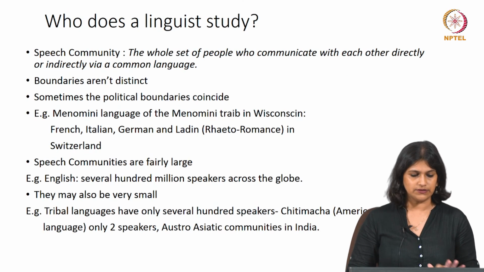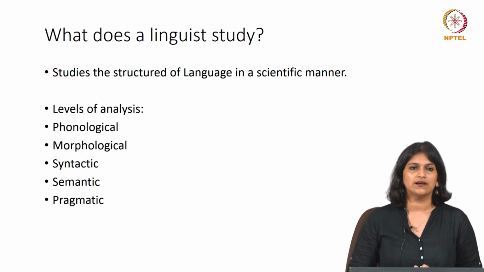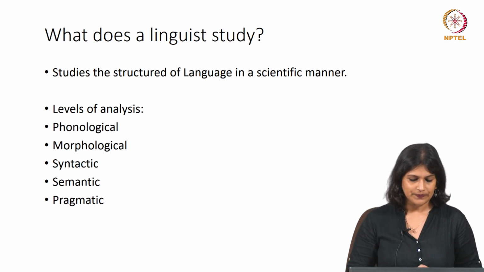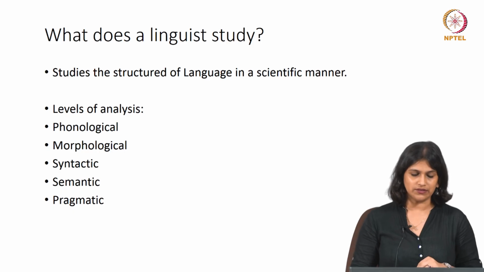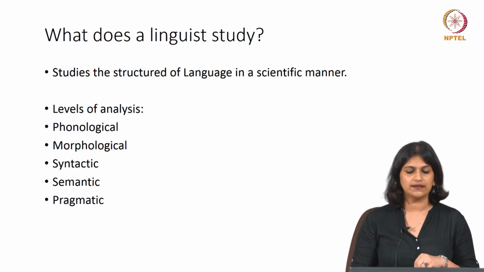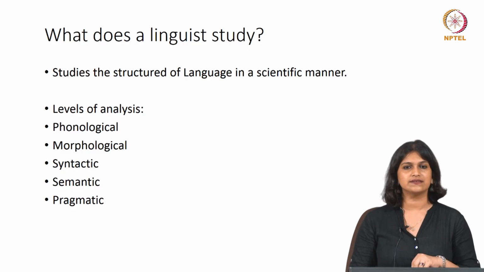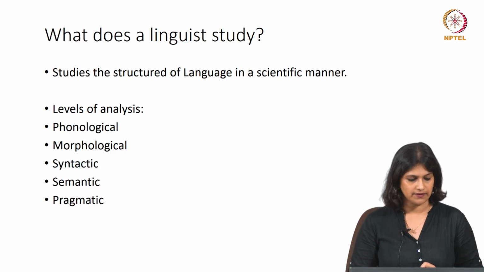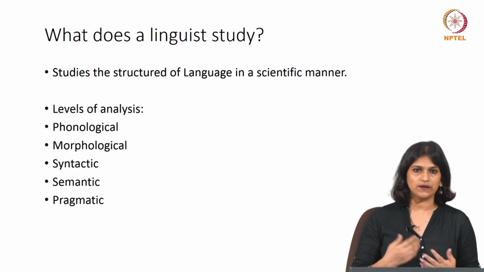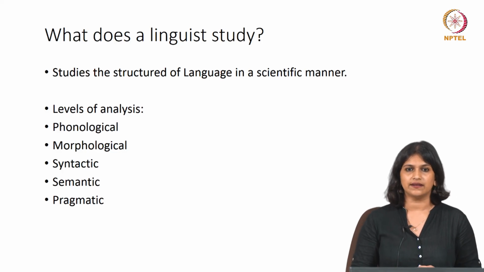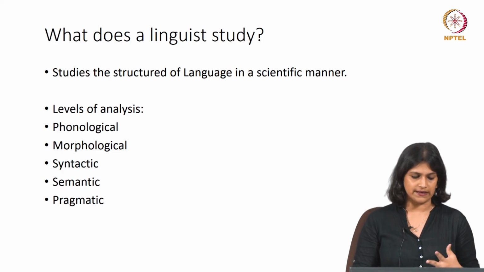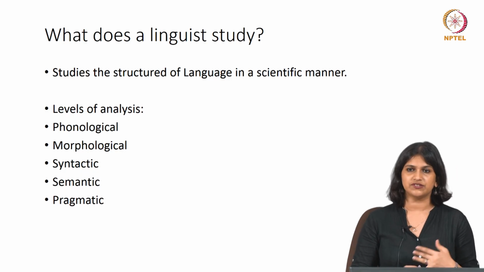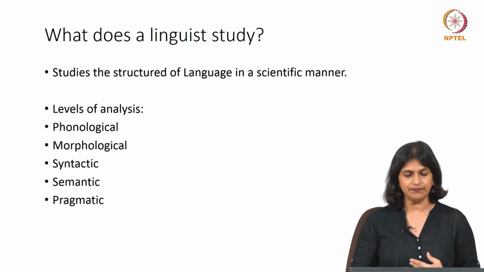Now let's quickly look at what a linguist studies. I have already mentioned that a linguist studies languages with a small l, or language with a big L, in a scientific manner. And in this connection, what are the different levels that a linguist analyzes? A linguist analyzes the phonological level, which deals with the sound system.